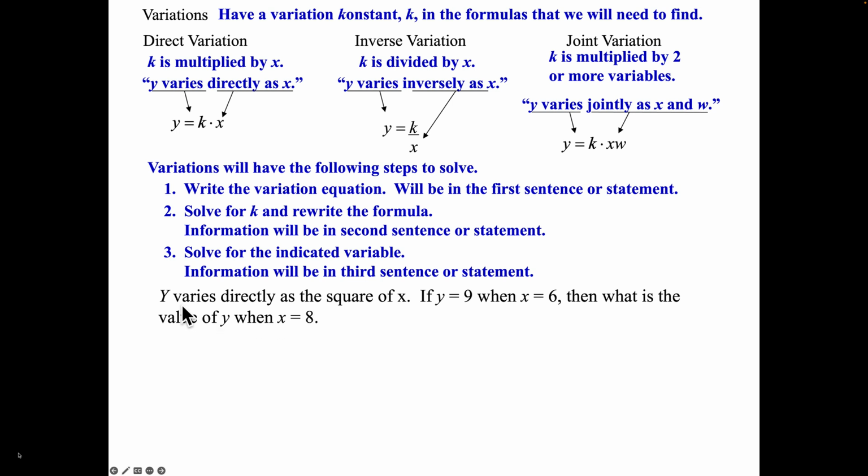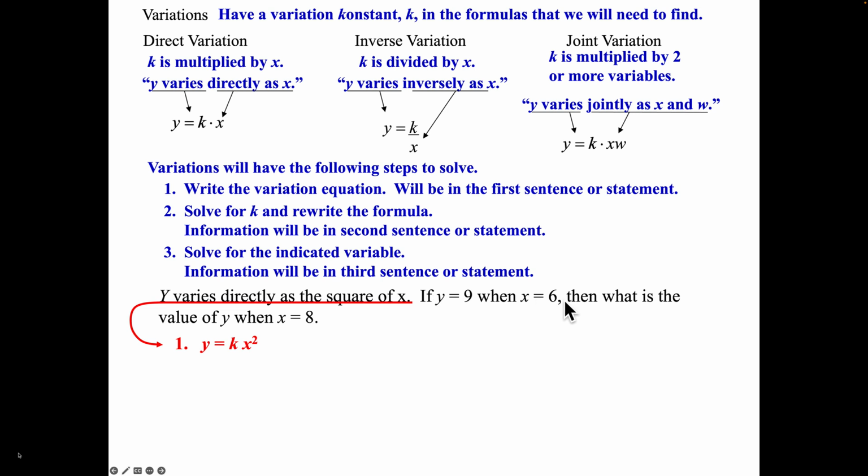So in my first example, it says capital Y varies directly as the square of x. First sentence, build the formula. Y varies. Y equals k. The square of x is x squared. There's step 1. Now, second sentence, if y equals 9 when x equals 6, comma, that's a break.